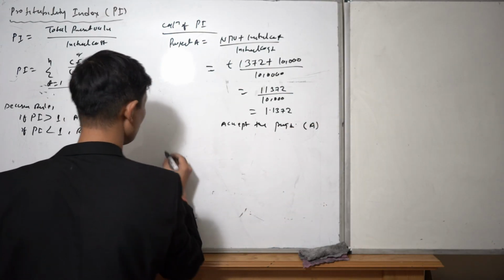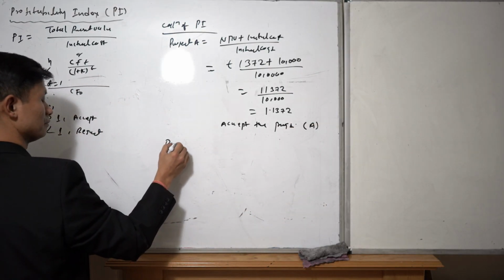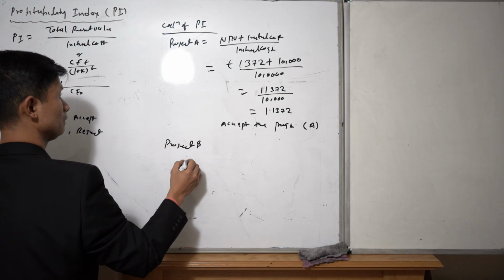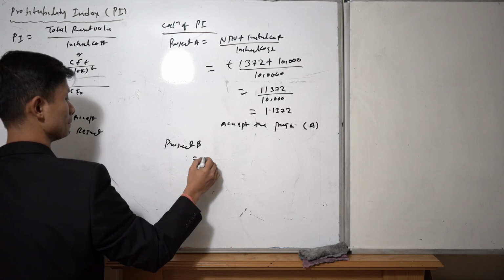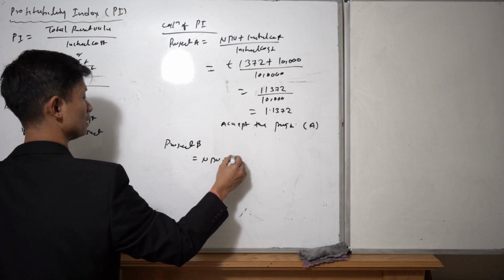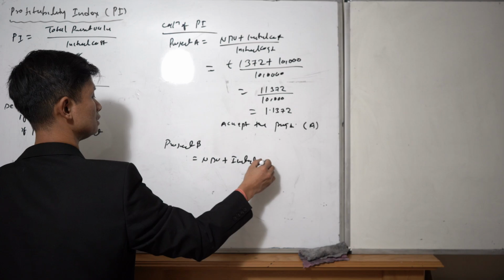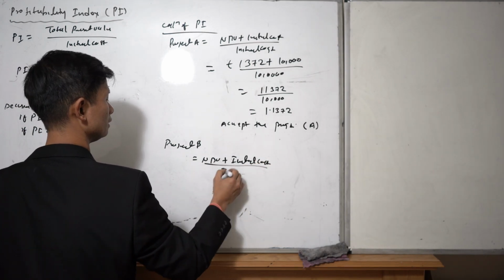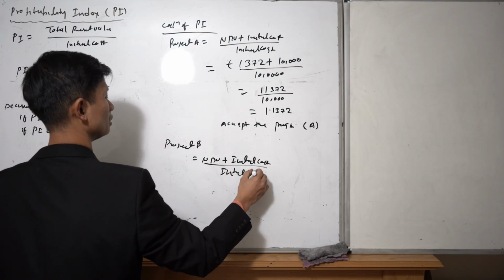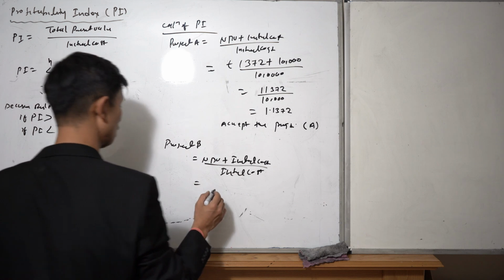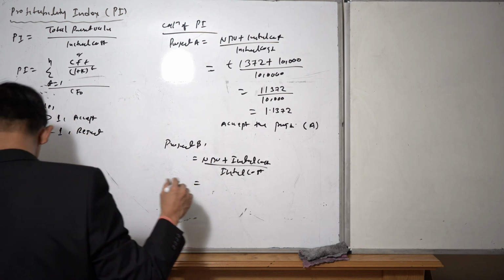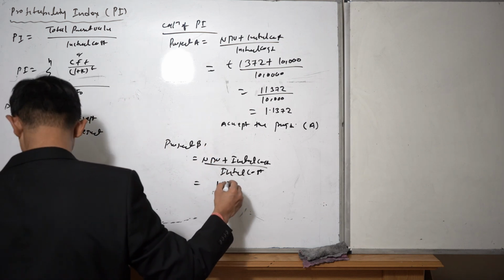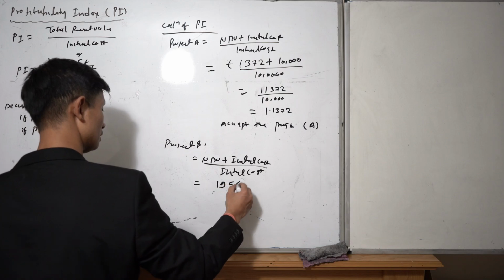Let's have a look at project B. For project B, net present value plus initial cost divided by initial cost. The net present value for project B is 1956.